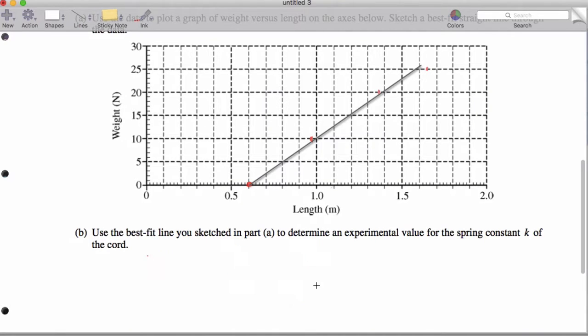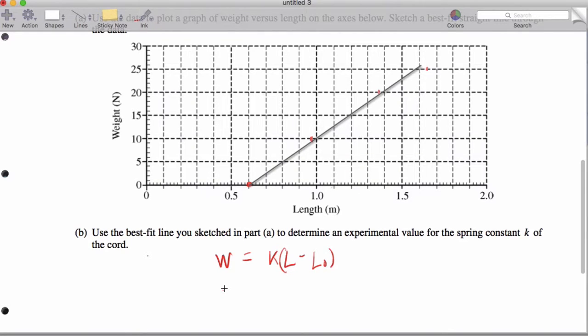If we really want to be clear, this is what this graph would look like: the weight is going to equal k times the length minus our little equilibrium distance.